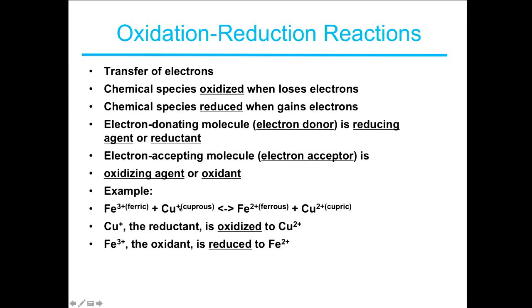Basically, the cuprous copper gave up an electron to the ferric iron to get this. So copper gave up an electron, so it's the reductant, and it's oxidized to cupric copper. Ferric iron is the oxidant, and it becomes reduced. So it's picking up a negative charge, an electron, so it goes from 3+ to 2+.